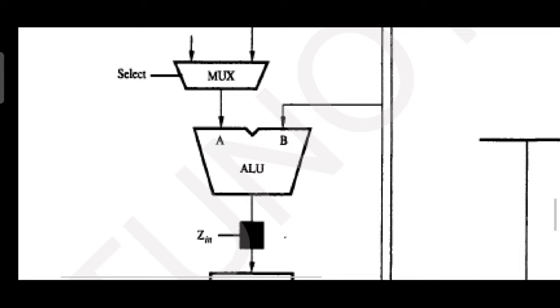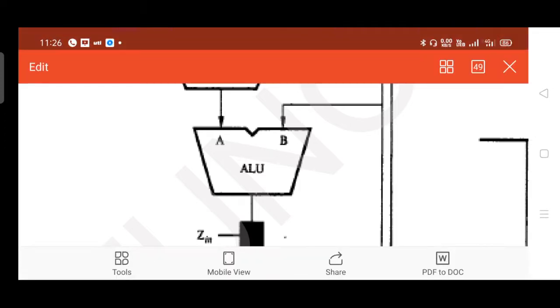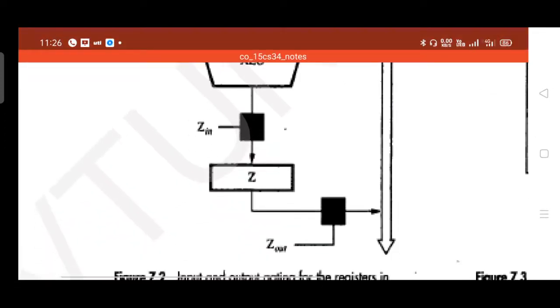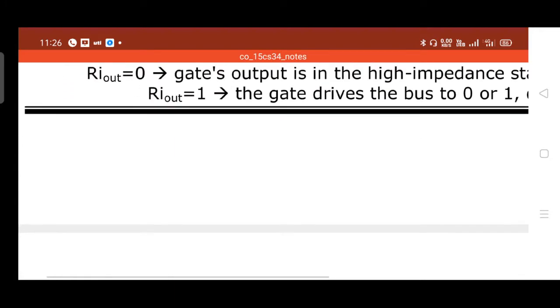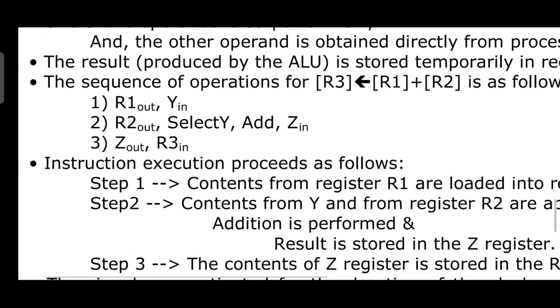So Z out comma R3 in, Z out comma R3 in, that's it. That ends the process, Z out comma R3 in as step number 3.